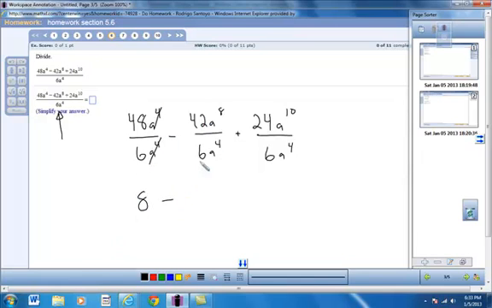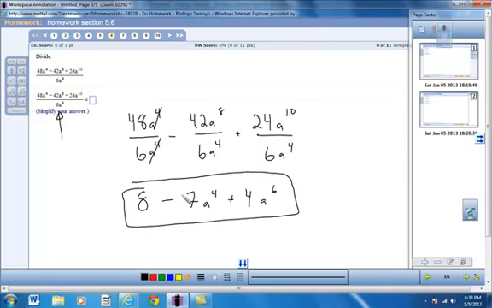Minus 42 divided by 6, does that give us a 7? And 8 minus 4 is 4, so a to the 4th. And then we get a plus. 24 divided by 6 is what? 4. And this time we get 10 minus 4 gives us 6. So you see that's our solution for this one.